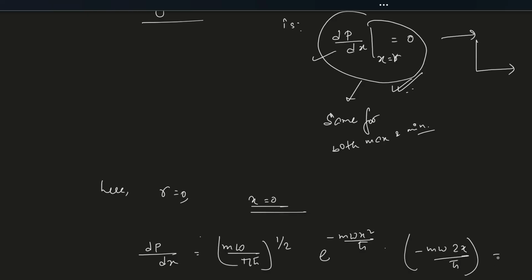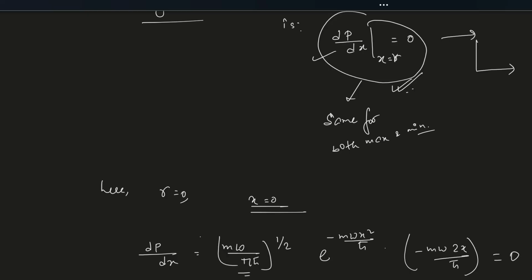This whole thing is equal to 0 because dp/dx has to be 0. Ignoring the constant terms, since they cannot be 0, the only term involving x is x times e to the power of minus m omega x squared by h cut equal to 0.